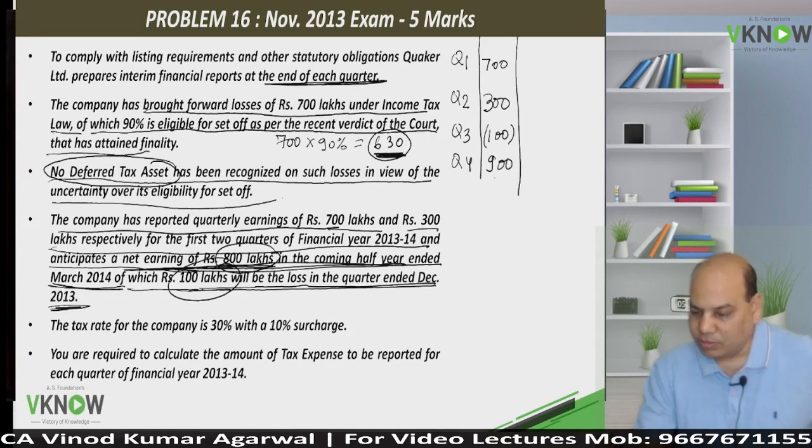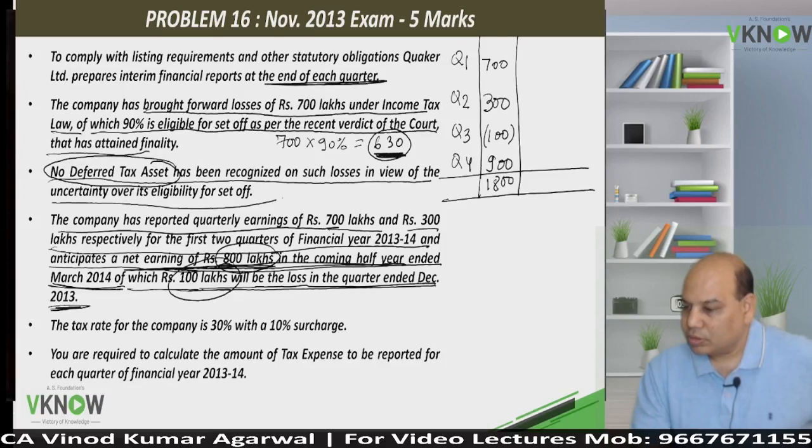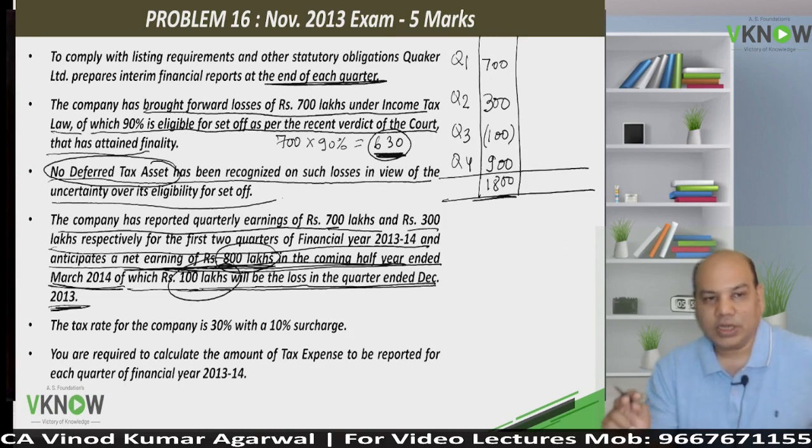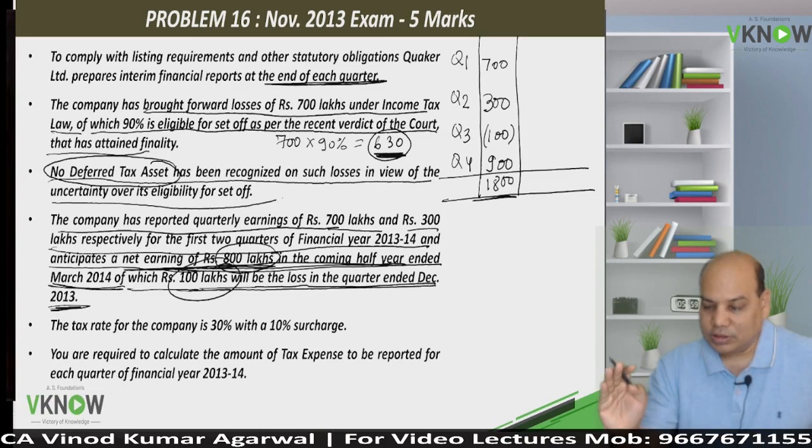So this will be my total quarter wise income. 700 plus 300 minus 100 plus 900. How much is that? So that comes to 1800. Your total income would be 1800 for the entire year. The estimated total income will be 1800, assuming that the estimates will not change.